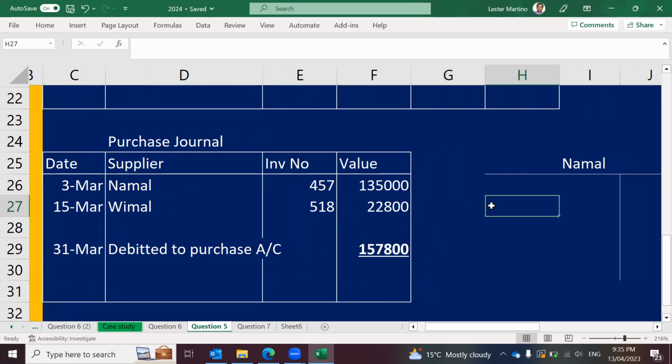I write it down. 31st March. Okay, write it down. Individual one, 3rd March.